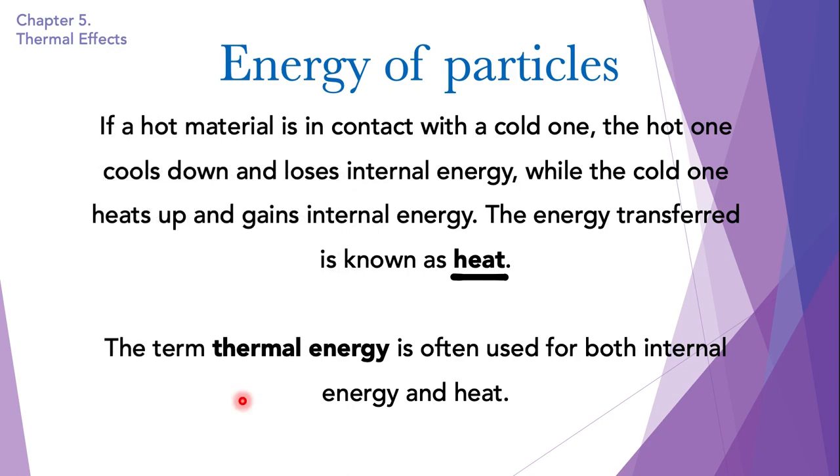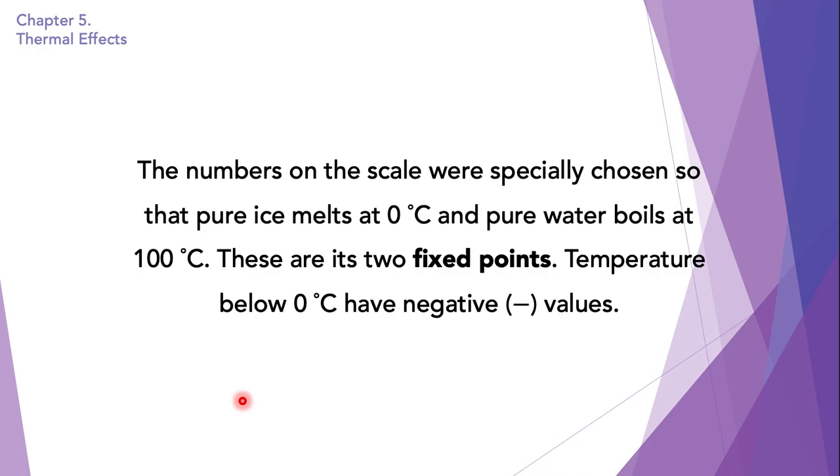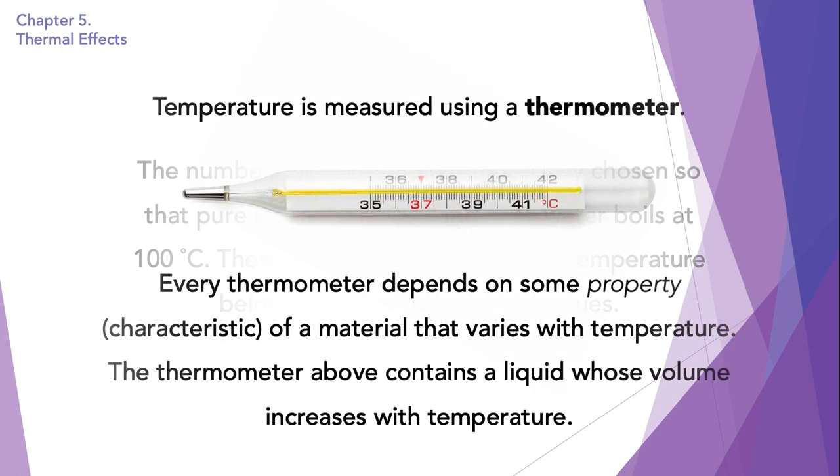We understood thermal energy, and then the Celsius scale, the temperature scale. The unit of temperature is degrees Celsius. The Celsius scale has two fixed points, 0 degrees and 100 degrees. Then we understood the thermometer, different types of thermometers, and how every thermometer depends on some property of a material that varies with temperature.